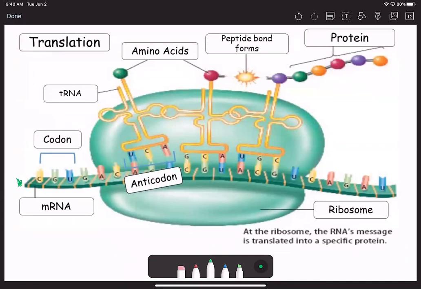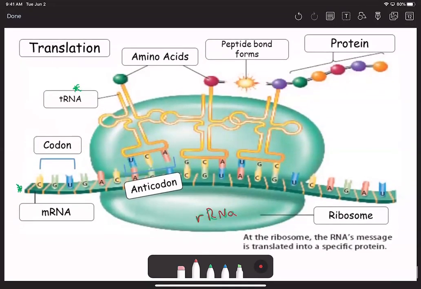So we have what we call tRNA, and this is our ribosomal RNA. tRNA, messenger RNA, and ribosomal RNA each have different specific jobs.